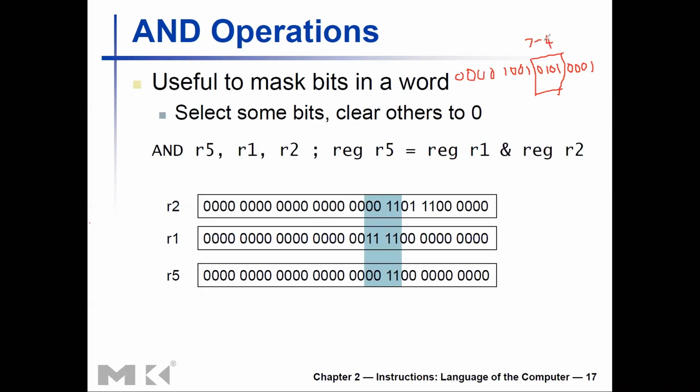You need to get the value of these 4 bits. Basically, what we will be doing is we want to get these 4 bits in the result, 0, 1, 0, 1, while clearing other bits to 0.